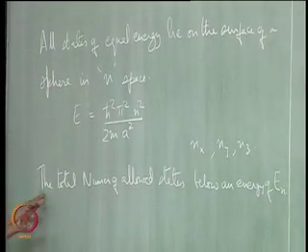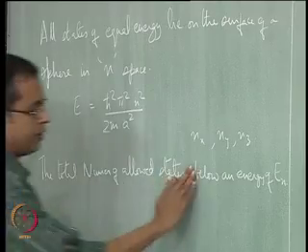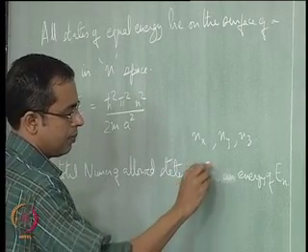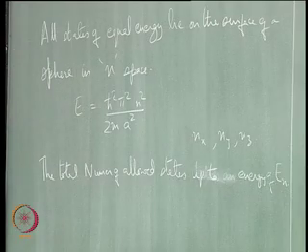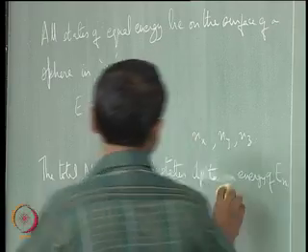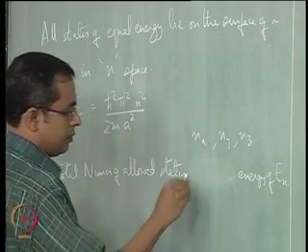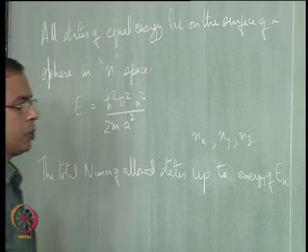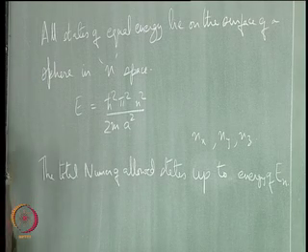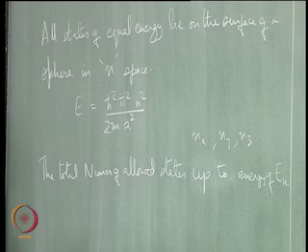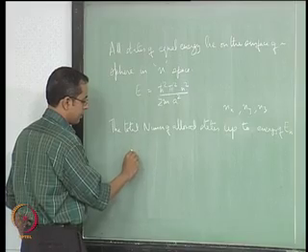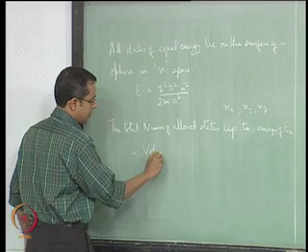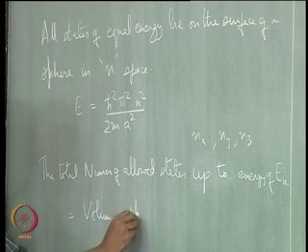The total number of allowed states up to an energy value of En is simply given by the volume of the sphere in n space divided by the volume of a single state. Okay, so I will write it down and then we will explain it, equals volume of sphere in n space.